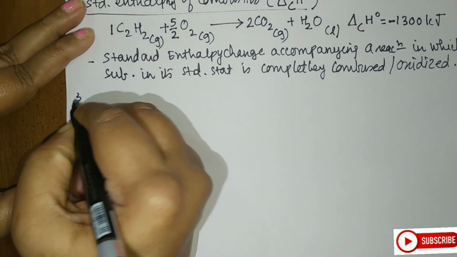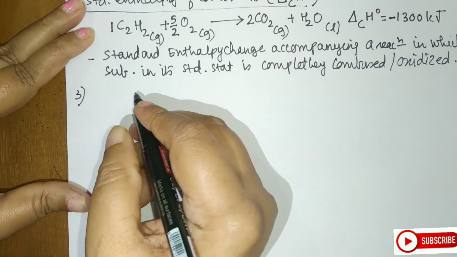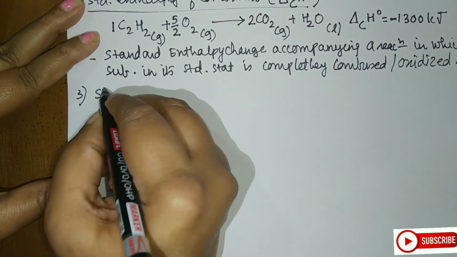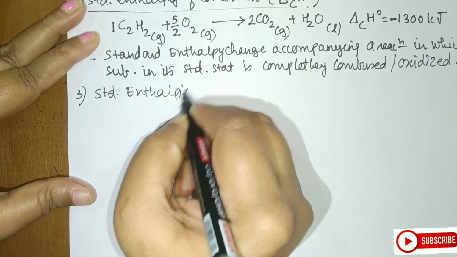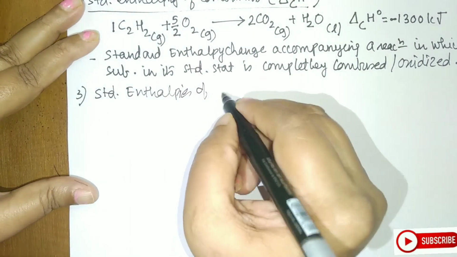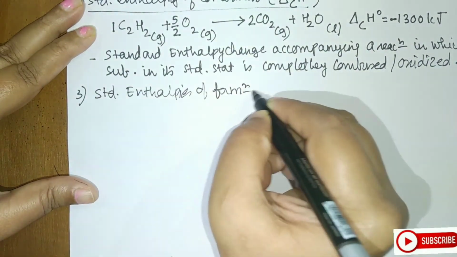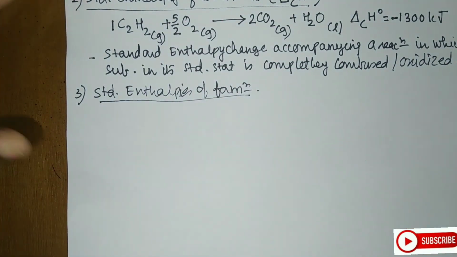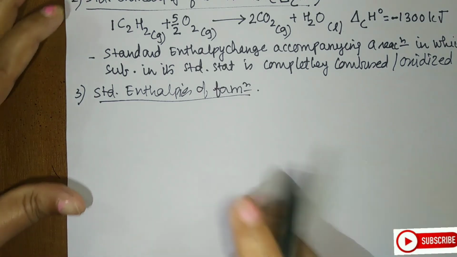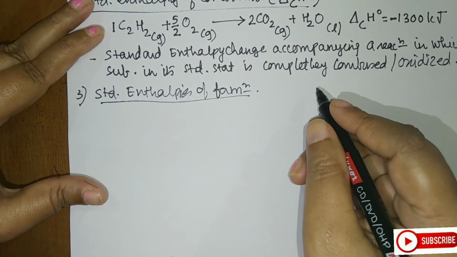The third type of standard enthalpy is the standard enthalpies of formation. Now students, here any substance when it is getting formed, so it can be any combustion reaction, it can be any formation reaction where the products are getting formed. For such we consider the standard enthalpies of formation.